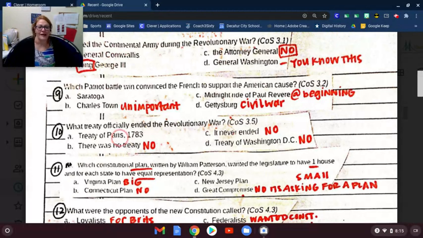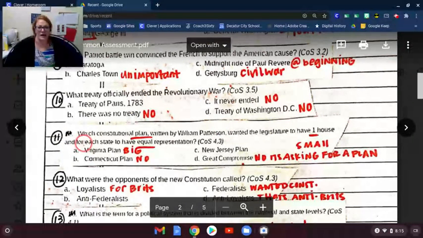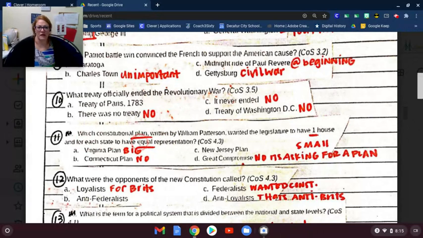Okay? Which constitutional plan written by William Patterson wanted the legislature to have one house and for each state to have equal representation?